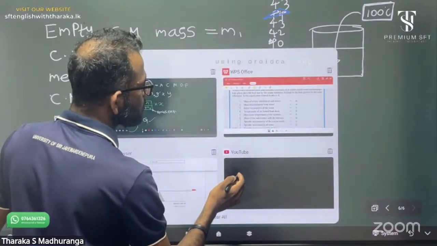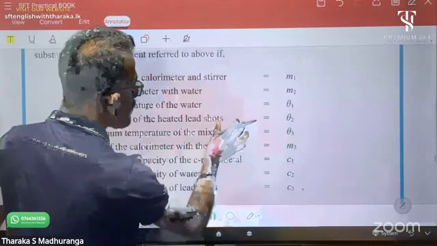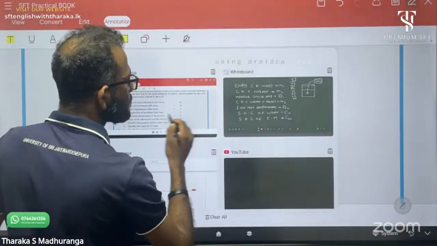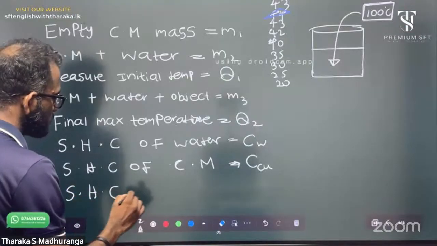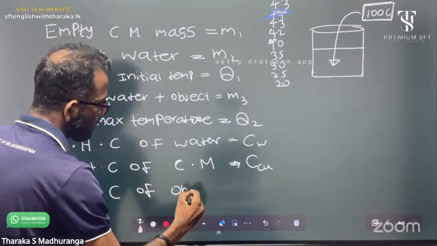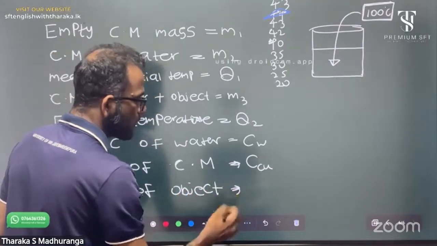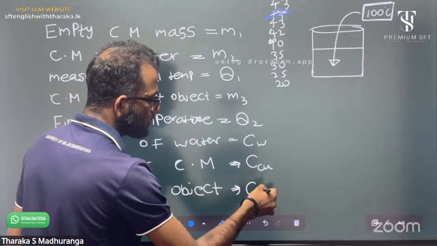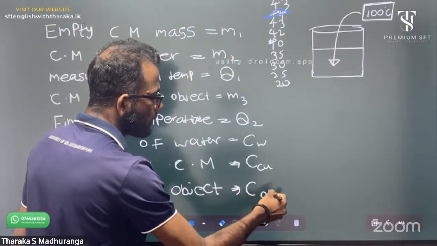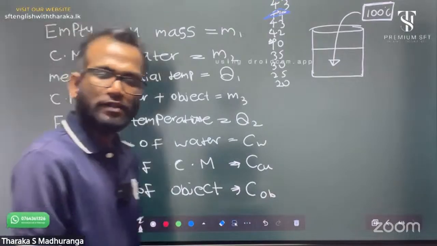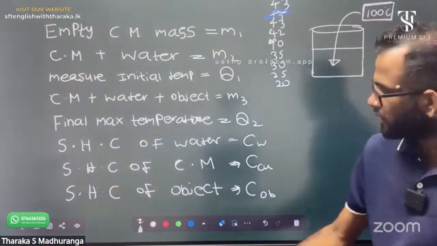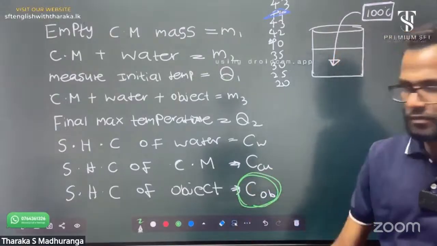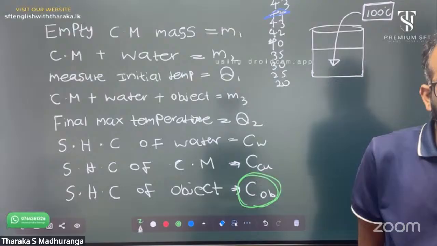Finally, the specific heat capacity of the lead shot, that means the specific heat capacity of the object, let's call it C OB. What is the target of this experiment? To calculate C OB.